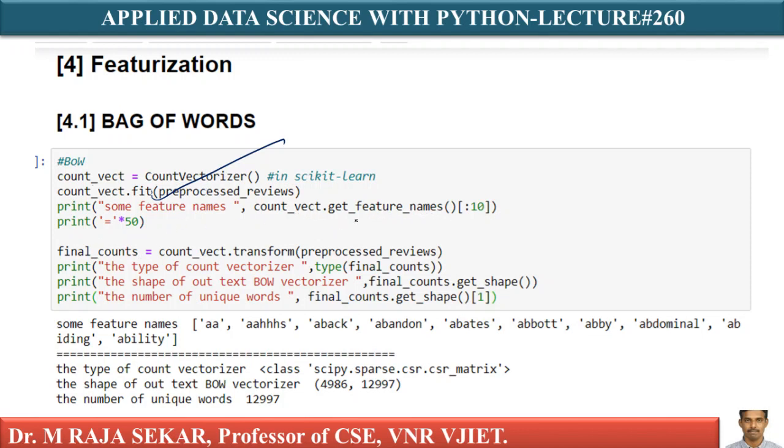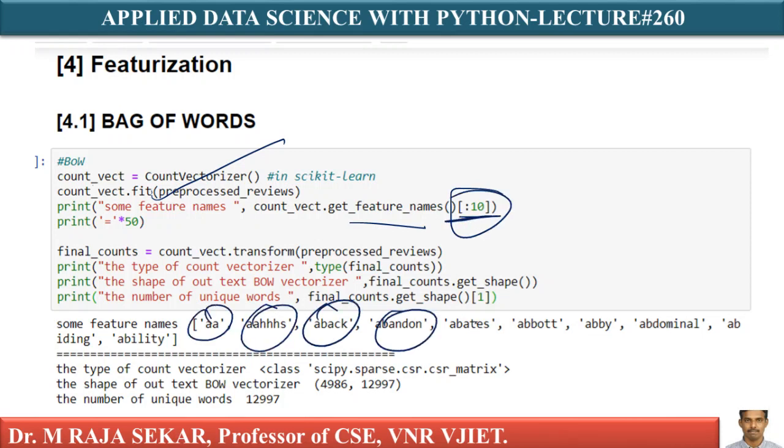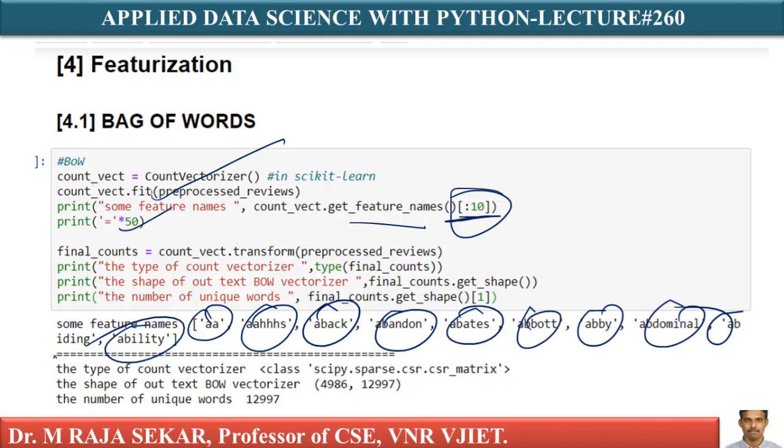I am displaying feature names. I am slicing for 10 feature names. After that, I am displaying 50 equals marks. What is this? final_counts equals, I'm applying transform. I already discussed what the transform method is a few minutes back, isn't it? What does it mean? I am displaying type.